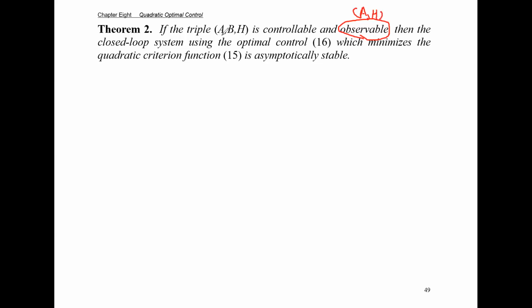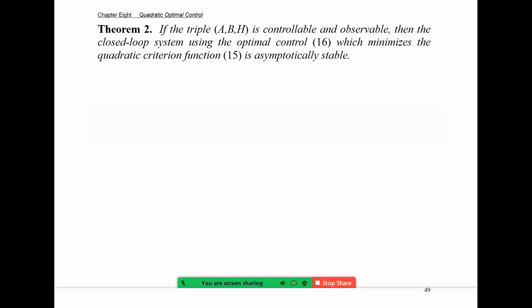You can see it does not refer to the original system. For the original system, we say the pair A, C, and you have the observability matrix to check, but here observable means we talk about those two matrices, A and H. This is for the purpose of stability. Of course, later you are going to understand that, but let's move on.